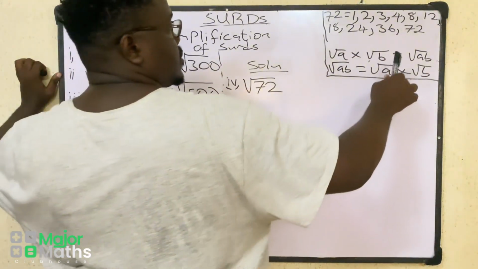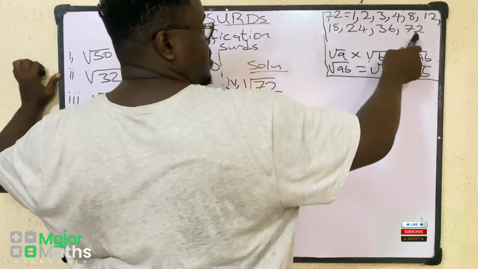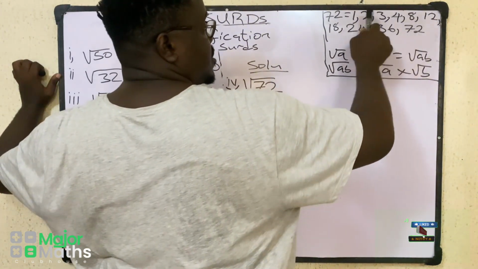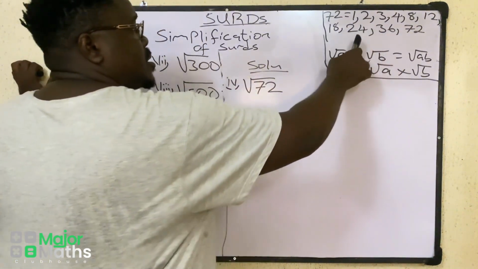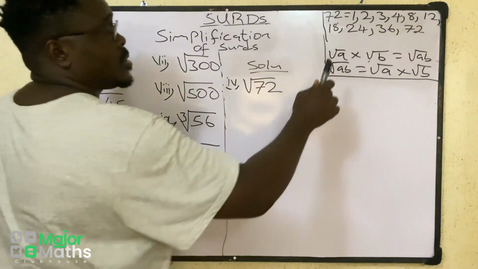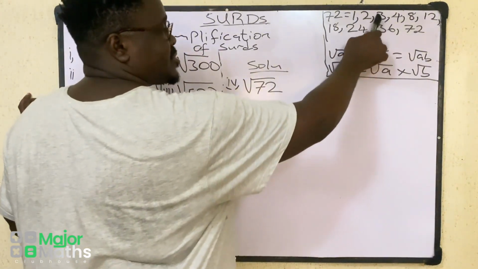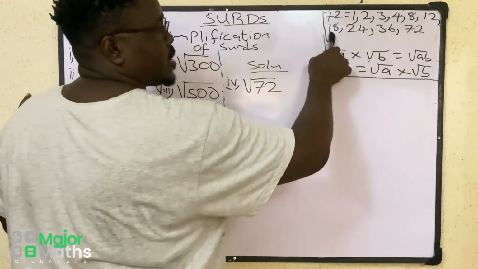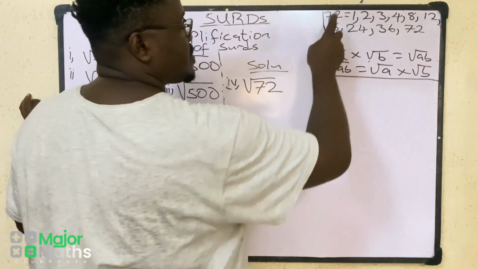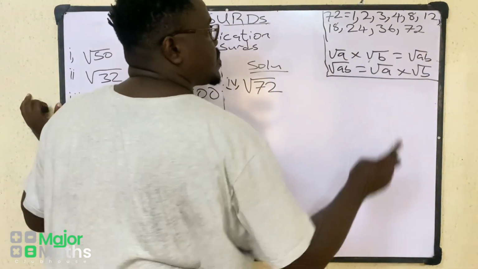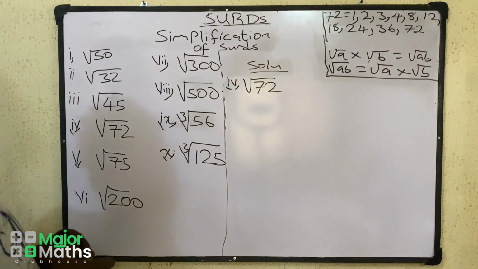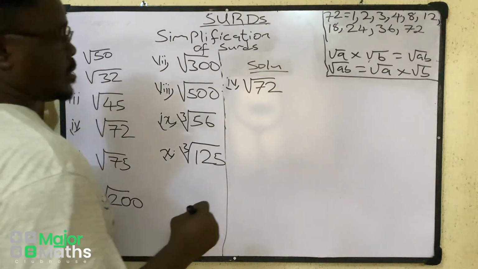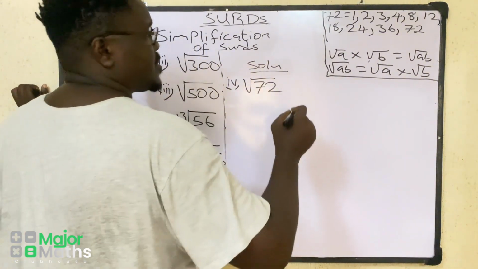Using our factor chain multiplication, we say 72 times 1 is 72. 36 times 2 is 72. 24 times 3 is 72. 18 times 4 is 72. 8 times 12 is 72. Yep. So let's find the perfect square.